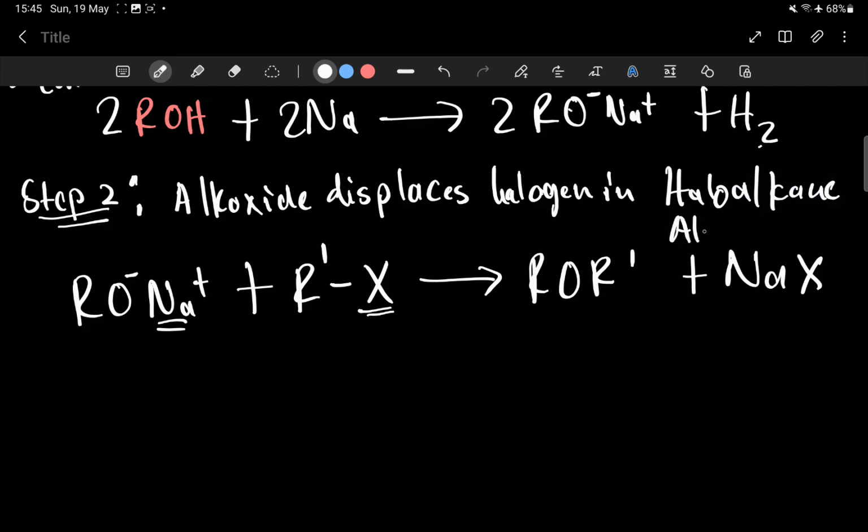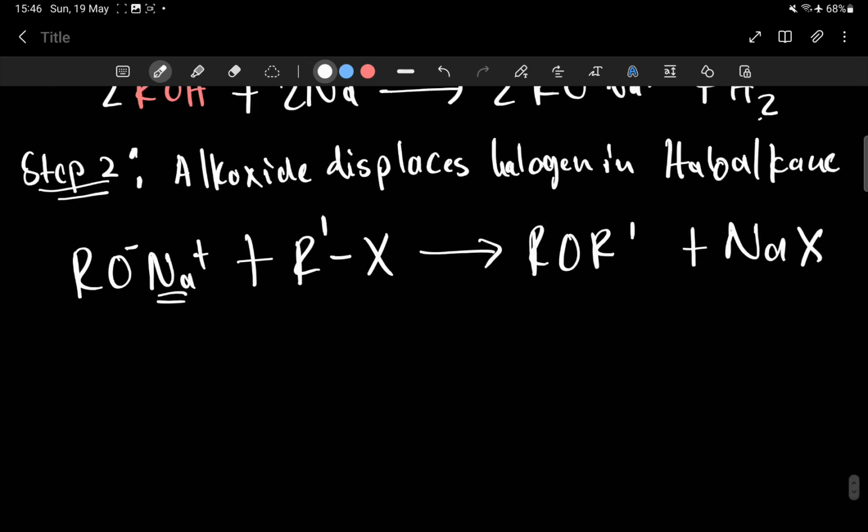Haloalkane is also called alkyl halide. So what we're saying is this RO minus is going to remove this X, the halogen, and they're going to be together. That's going to be your step 2.